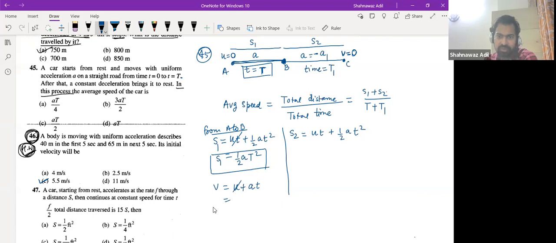U we know is 0, A we know, and T is T. So this is the final velocity, or velocity at B. So the velocity at this point is AT. If I'm starting my journey from B to C, this would become my initial velocity. Am I correct or incorrect, guys?